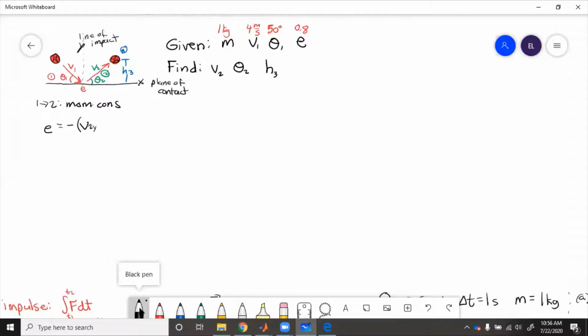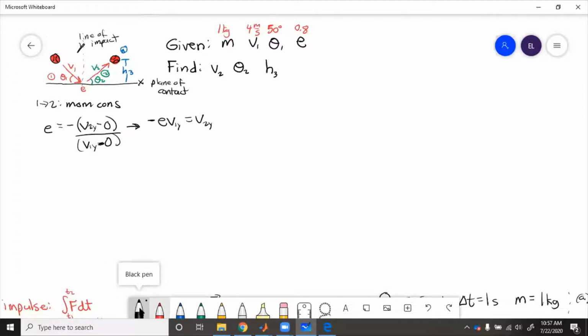So we have negative of v2y minus 0 over v1y minus 0, because there's no second object. So we just got that. So then negative E v1y equals v2y.